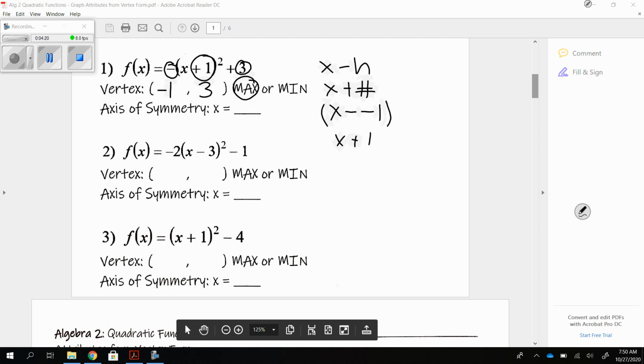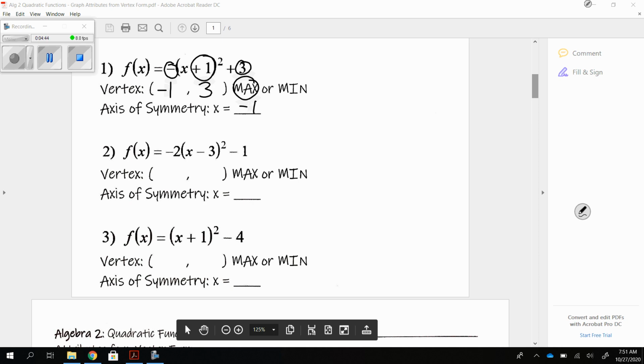That doesn't need to be changed, okay? But if it's inside the parentheses, make sure you change the sign. So if it's x plus 1, we know the vertex is negative 1 comma 3, and the axis of symmetry is negative 1. And we're done, okay? I want you to think about it like I told you in the absolute value unit. Inside tells a lie, so let's move down to the next one.